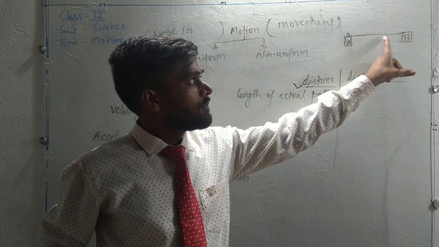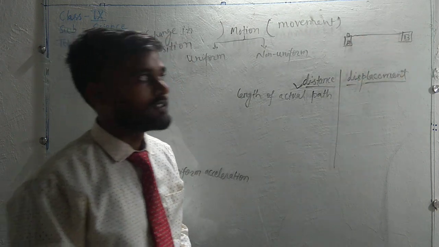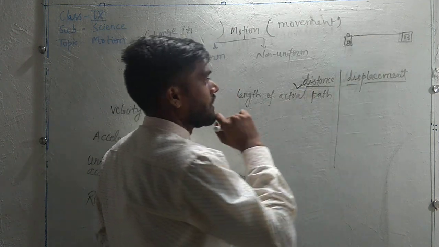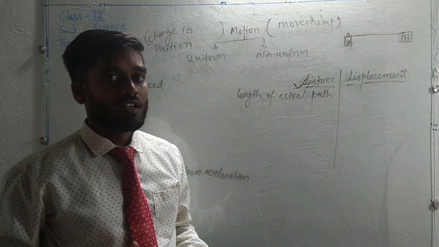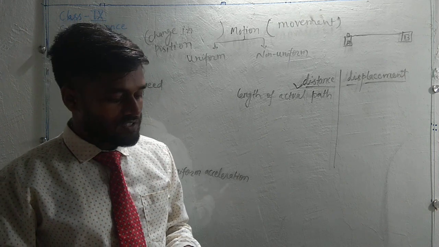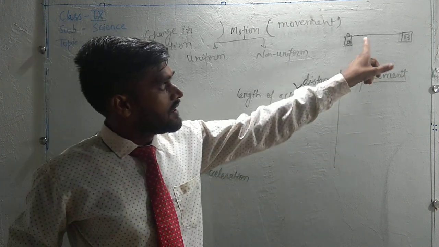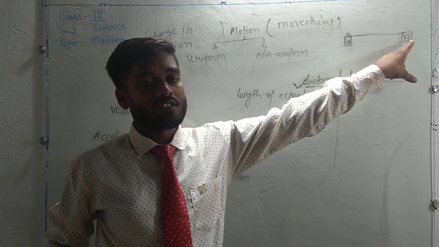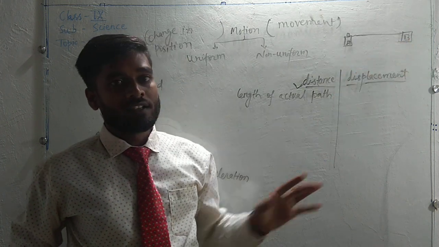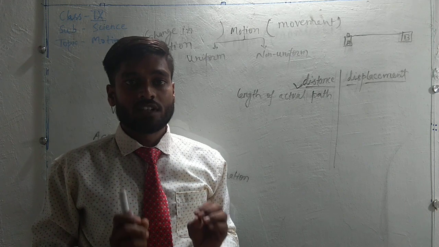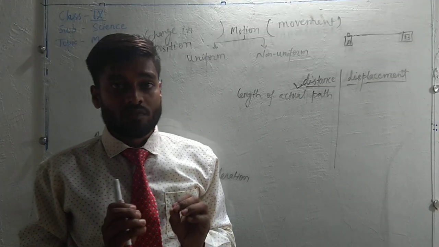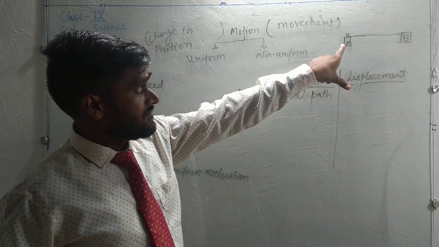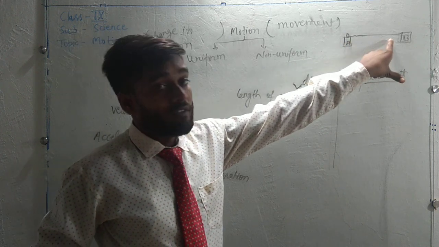So the length of this path is what? Distance. But one more thing you have to consider, and what is that? That for reaching B, for this destination B, is it always essential that there is only one way?